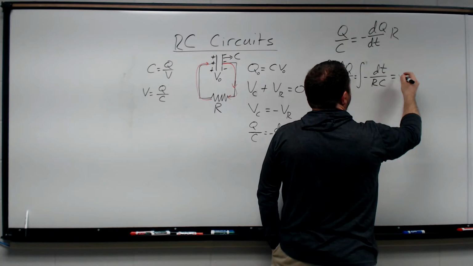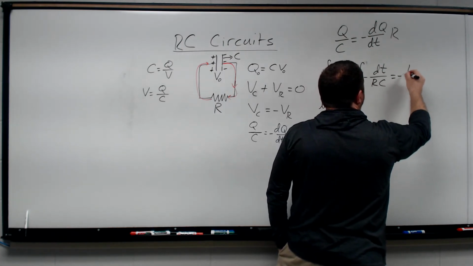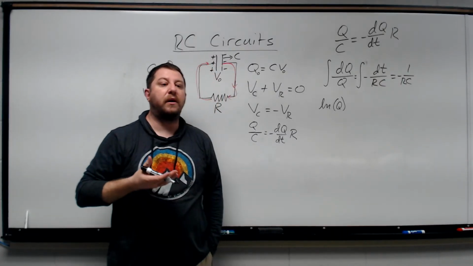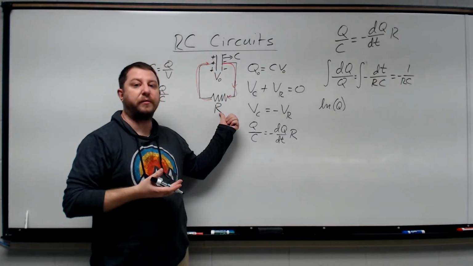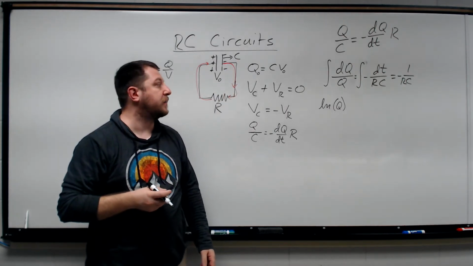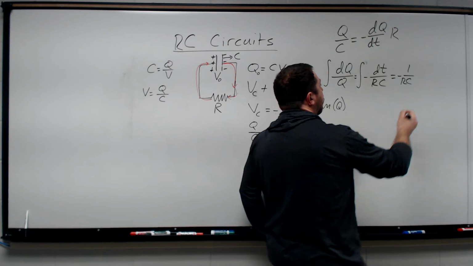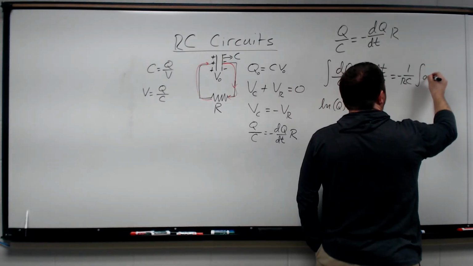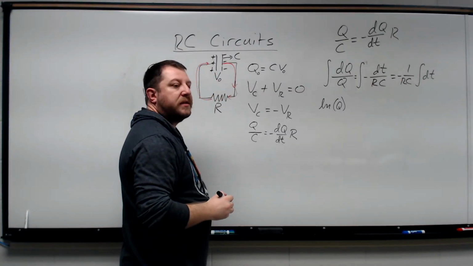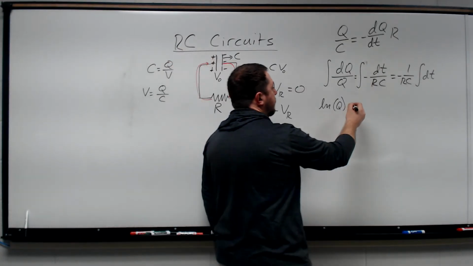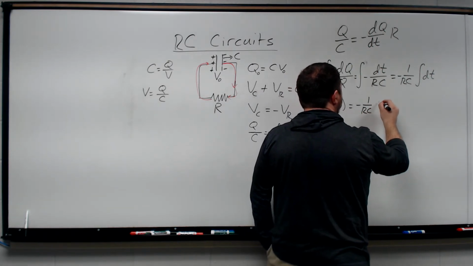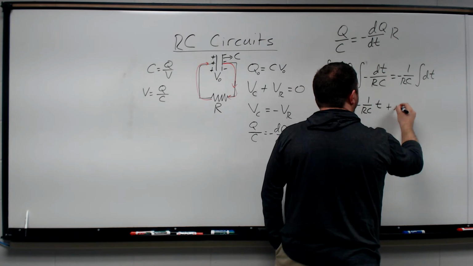This side, I can take 1 over RC out of the integral because R is just a constant, it's the value of the resistance. C is just a constant, it's just the value of the capacitance. And so I'm left with the integral of dt. So this is going to be just negative 1 over RC times t plus my integration constant.